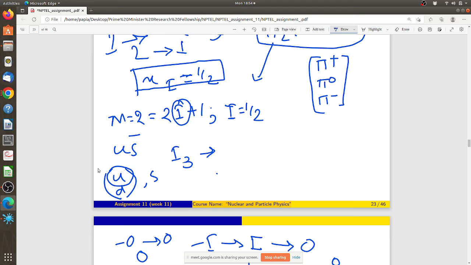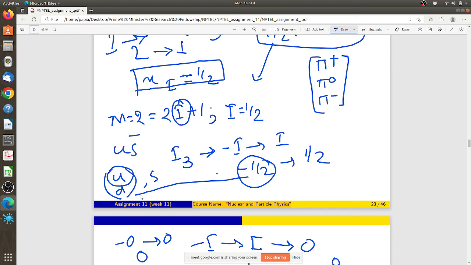So if I is half, then I told you that I3 has values from minus I to plus I. So minus half to plus half. Now minus half corresponds to the last one, plus half corresponds to the first one. So U of I3 is half.